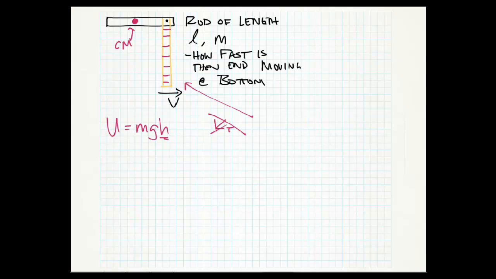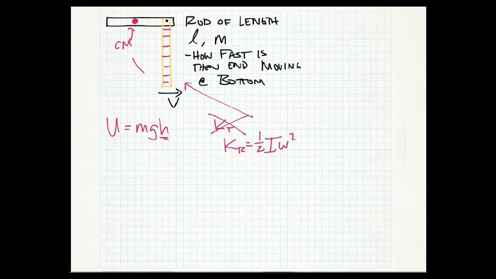So I'm not really interested in translational kinetic energy at this point. I am, however, interested in rotational kinetic energy. I have a rod that's rotating. I know what to do with that. So I got 1/2 I omega squared for the energy at the bottom.